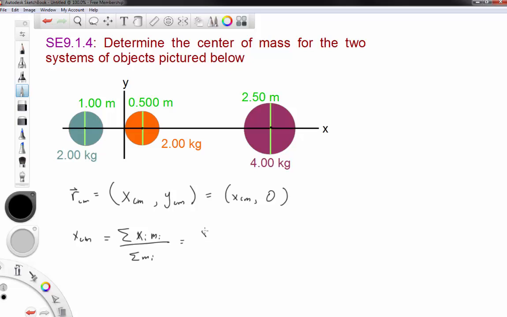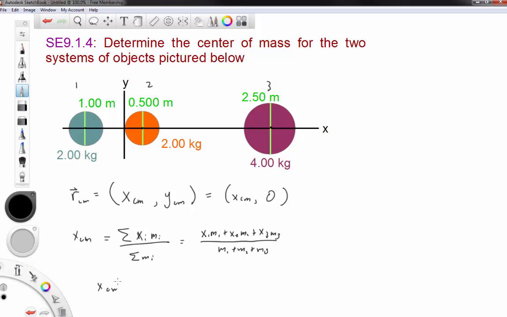In other words, we need to go x1 m1 plus x2 m2 plus x3 m3 divided by m1 plus m2 plus m3, where this is 1, this is 2, and this is 3.